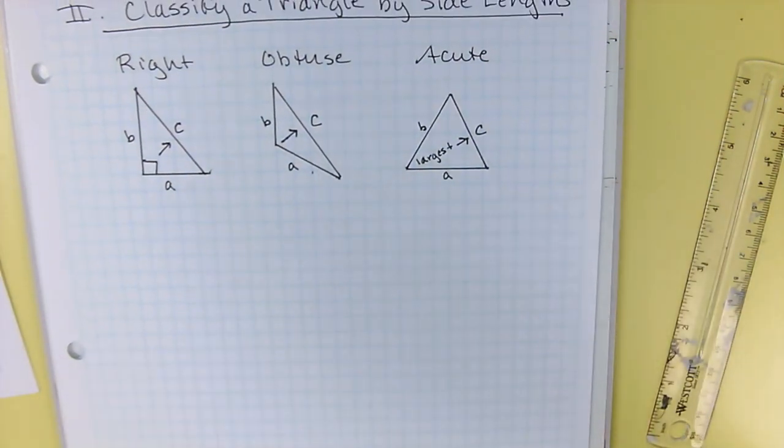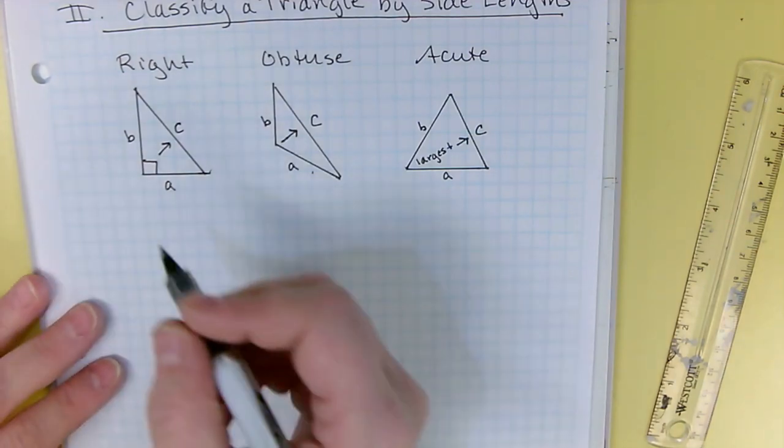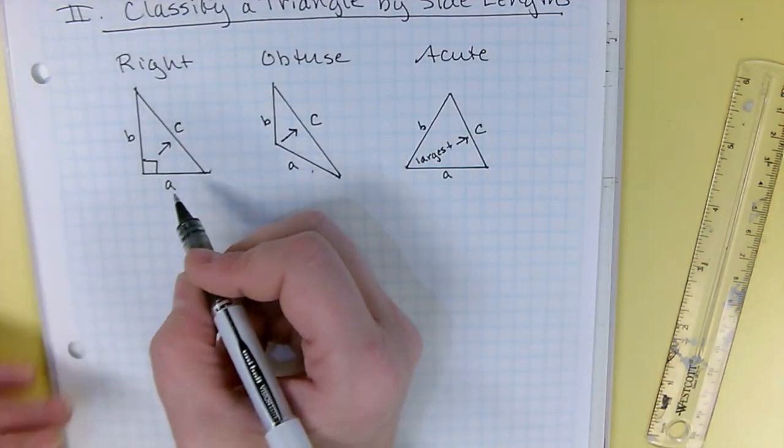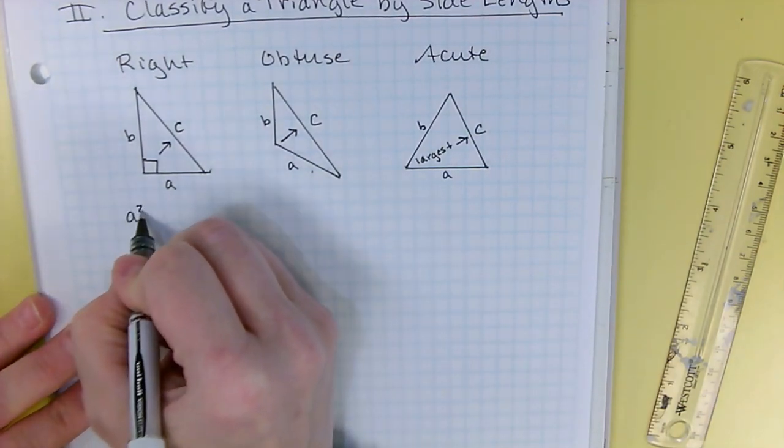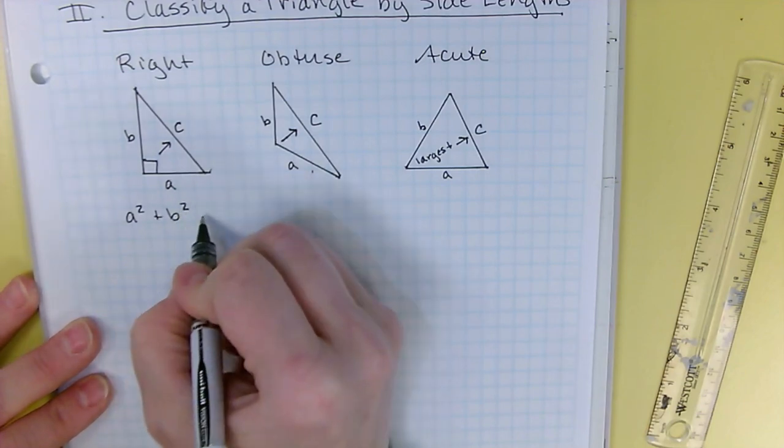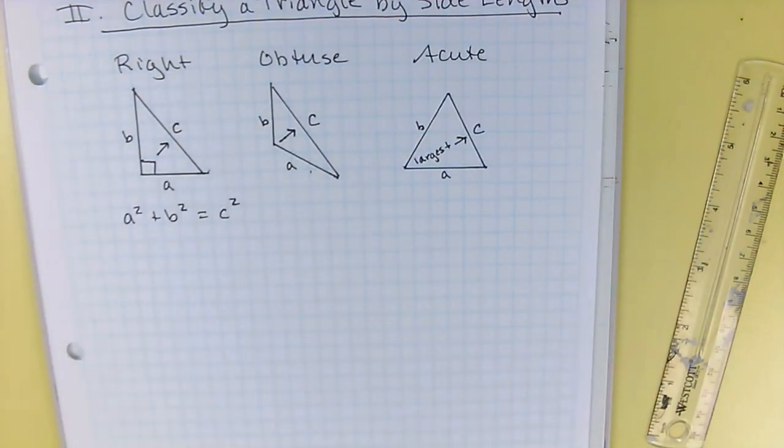Okay, so the test for classifying a triangle is based off of Pythagorean theorem. Pythagorean theorem is for a right triangle that says a squared plus b squared equals c squared. So the other two rules are based off of that.